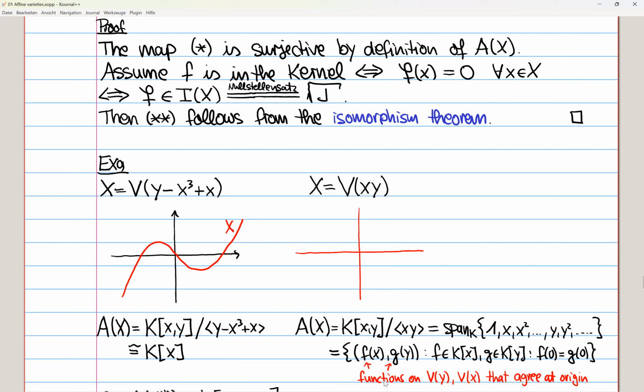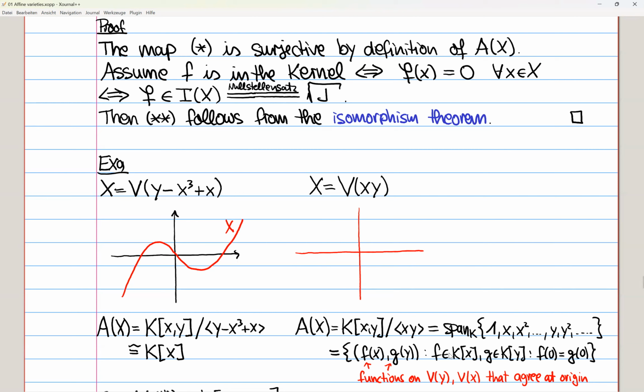And then interpreting this, these are functions on V(y) and V(x) that agree at the origin. That's a nice interpretation because it says that on this union of these simpler affine varieties, a function is just a function on one, a function on the other, and they agree on the overlap.